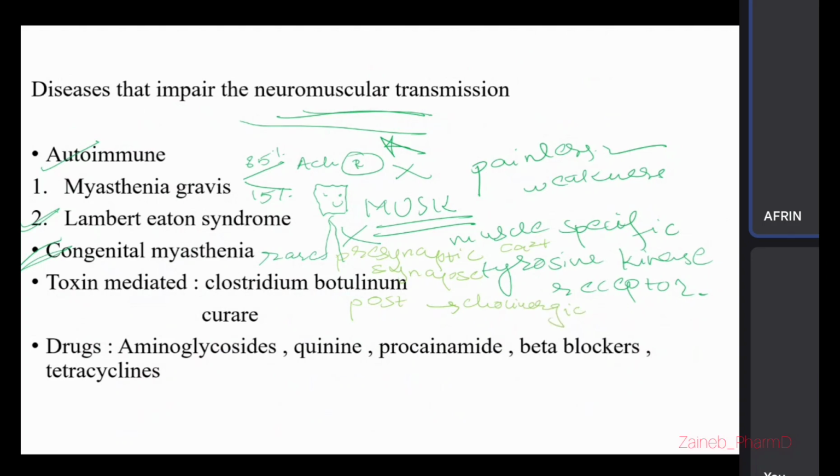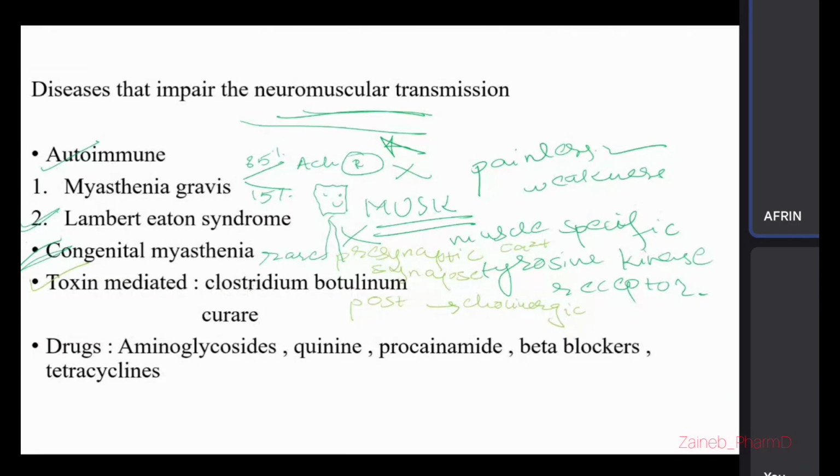So all of this results in an impairment of the neurotransmission. Then we have toxin mediated. In the toxin mediated, we have two toxins, that is Clostridium botulinum and curare.